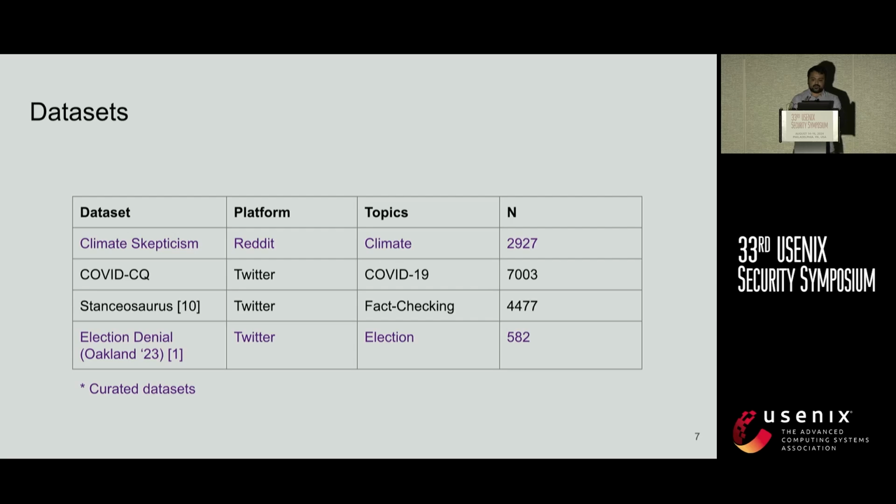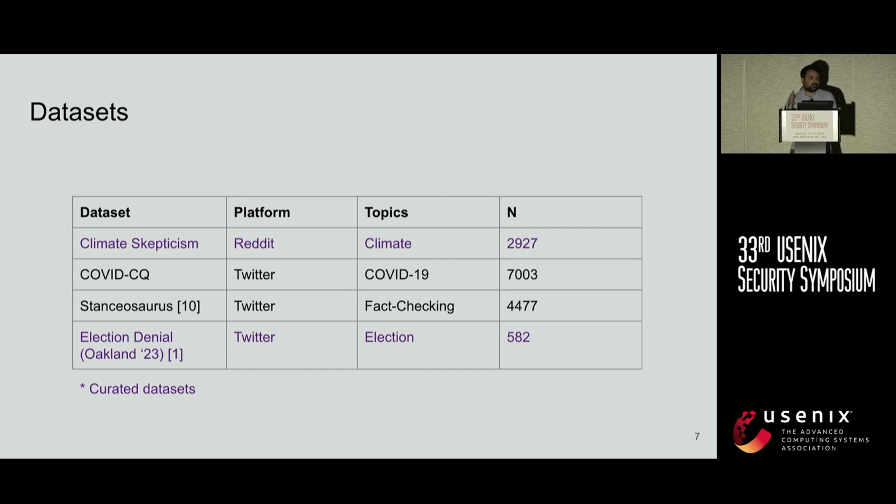So before I go into the method, I'd like to highlight the datasets that we use. We collect multiple datasets across two different social media platforms, Reddit and Twitter, and across multiple topics such as climate change, COVID-19, fact-checking, and election. Two of these datasets are curated by our team, and two of these are publicly available datasets.